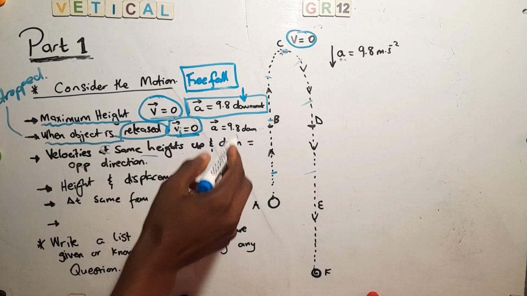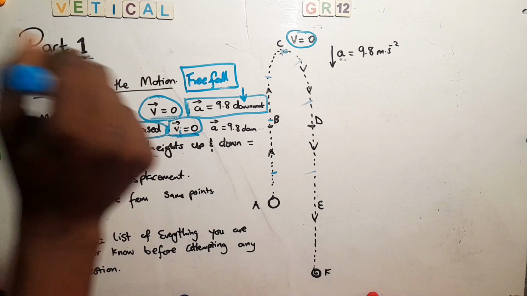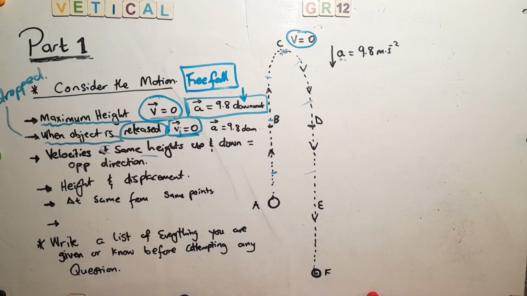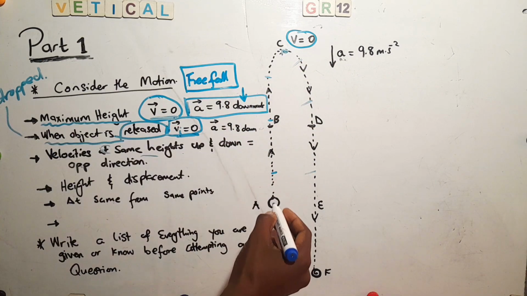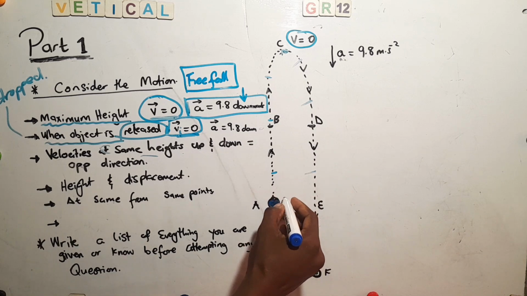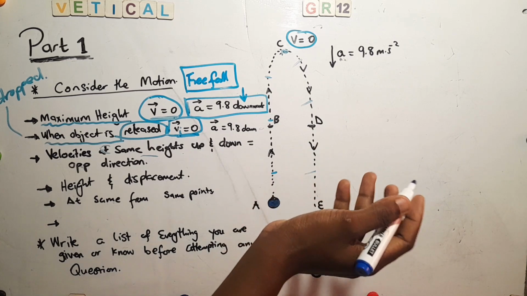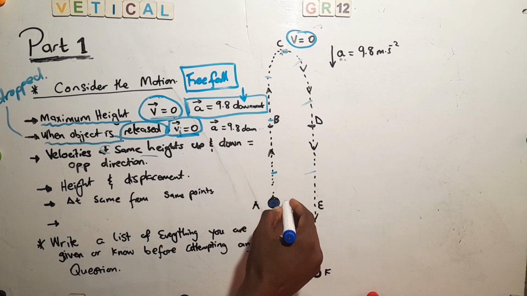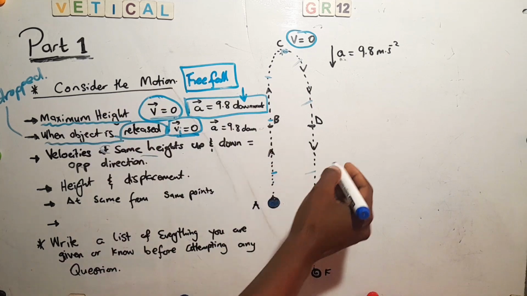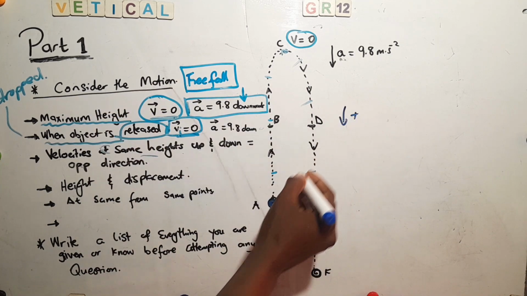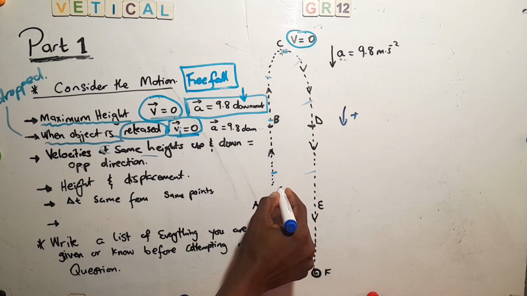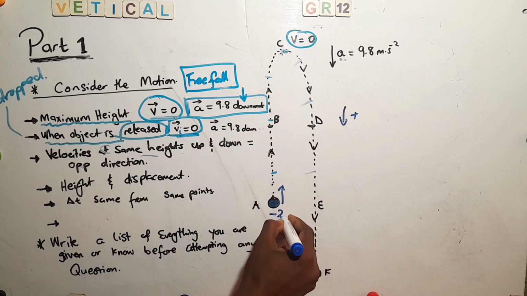Velocities at the same height, up and down, are equal but opposite in direction. How do I mean? We know that acceleration is always 9.8. If the velocity of this ball, for instance, starts as 20 meters per second going upwards, and since I said I'm going to take downwards as positive, going upwards it will be negative 20.